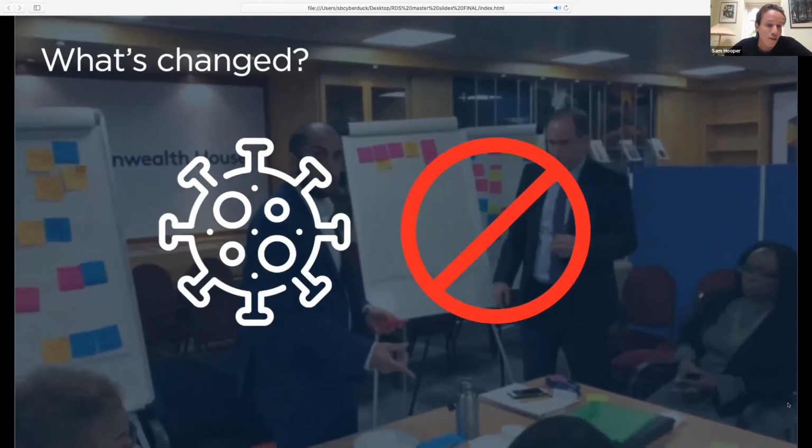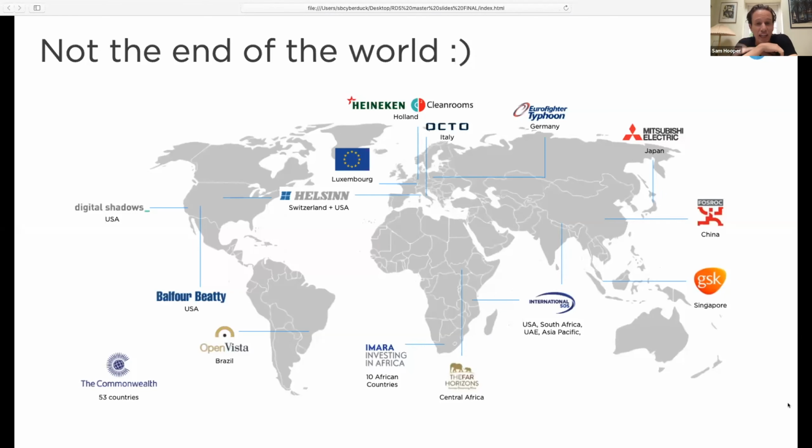But that's not the end of the world. As Danny says, we've been doing this pre-COVID for many years with clients all over the place. And actually working remotely like this can have some benefits as well, of course.